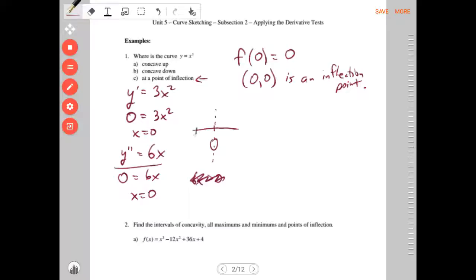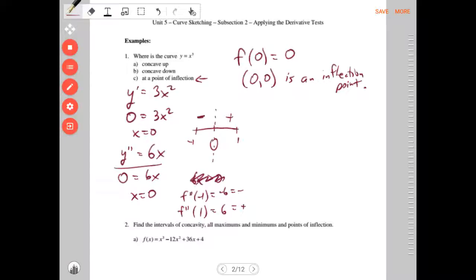So we're going to pick a point to the left and to the right of 0, so -1 and +1. When x is -1, f double prime of -1 is 6x, so 6 times -1 is -6, which is negative. So there's negative here, and f double prime of +1 is just +6, which is positive.